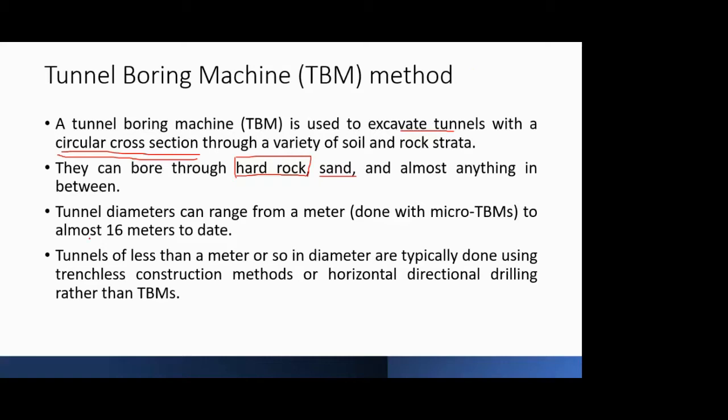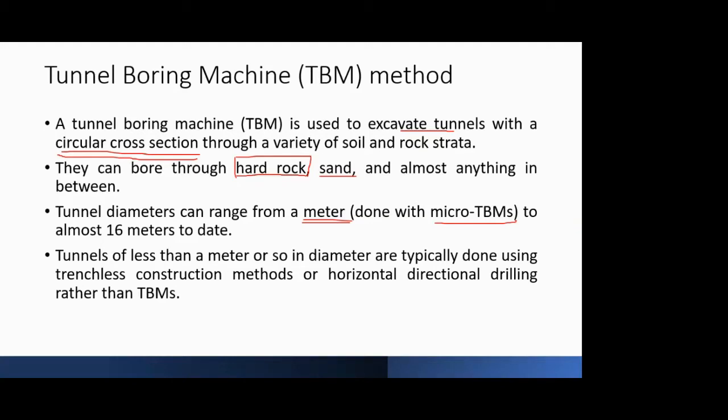Okay. And if I talk about the diameters or the size of these tunnels or this TBM machine, you can make a tunnel of any diameter ranging from as small as a meter. So in that case, that TBM is also known as a micro TBM. Okay, just 1 meter diameter tunneling is done.